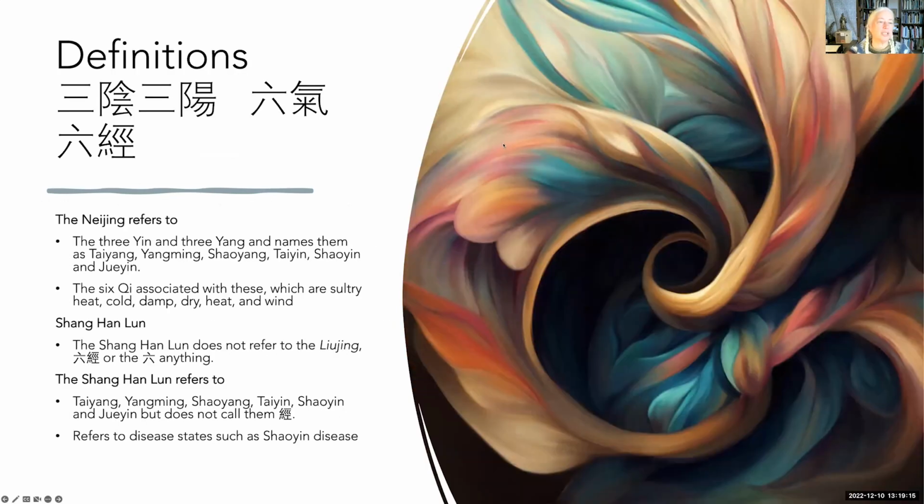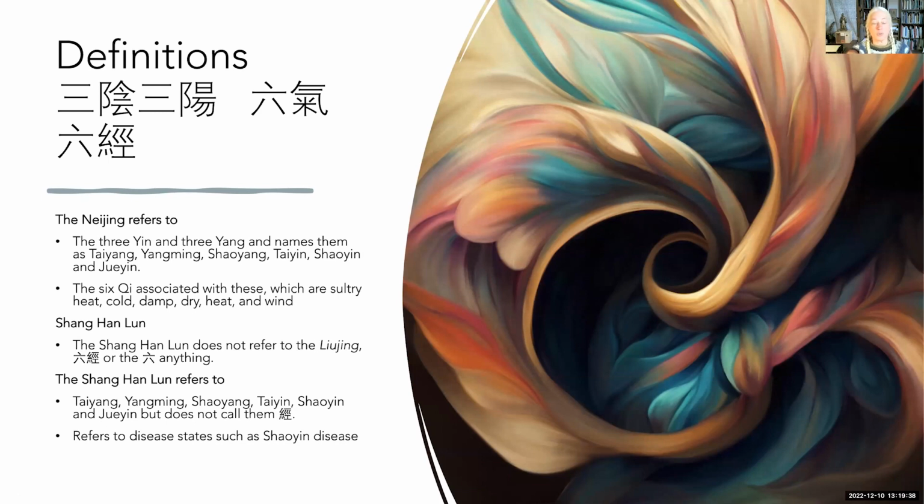Okay, then we have the 3 yin and the 3 yang. These are talked about in the Neijing. We also have the 6 qi, Liu qi, referred to. And then underneath that is Liu jing, the 6 whatever they are, configurations, channels.